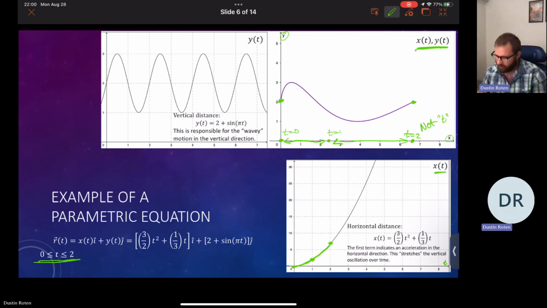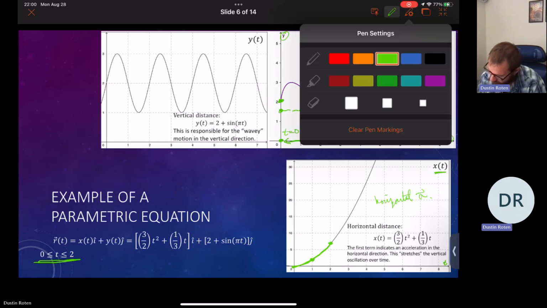So the idea here is this horizontal acceleration, and it's just speeding up where my x coordinate needs to be. Now, all of these x coordinates, so for example, here at t equals 1, they also have a corresponding y.